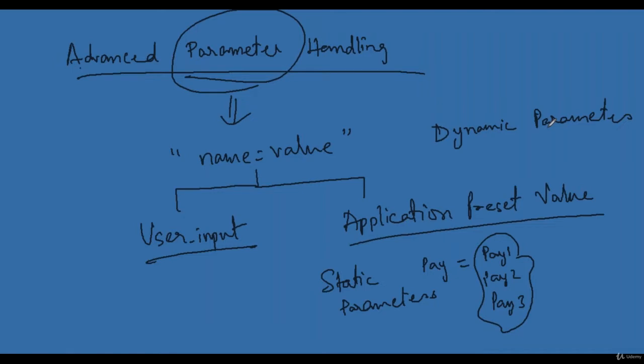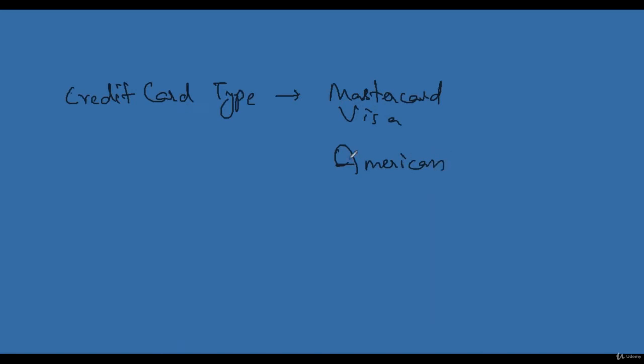These can be from a specific user list. If I consider the application we have been dealing with, and I choose the credit card type, it can be MasterCard, Visa, American Express, or any predefined values.